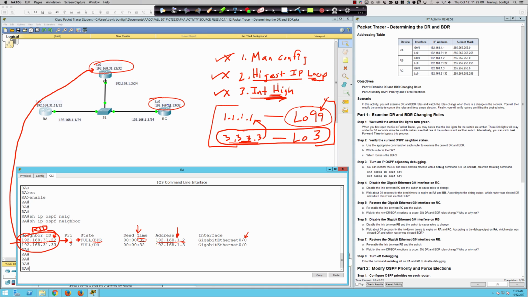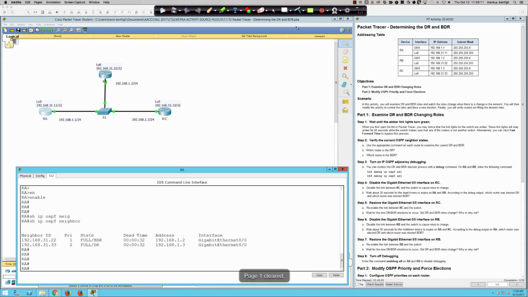Now, this becomes important as we transition the conversation to the designated router, right? Because the designated router is also concerned with the router ID value, but it'll be after the priority.